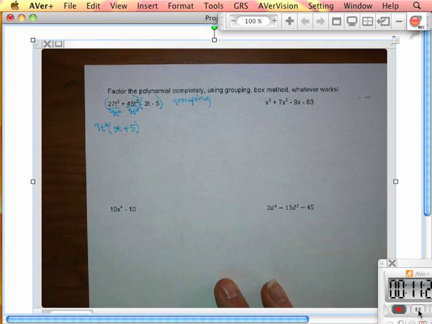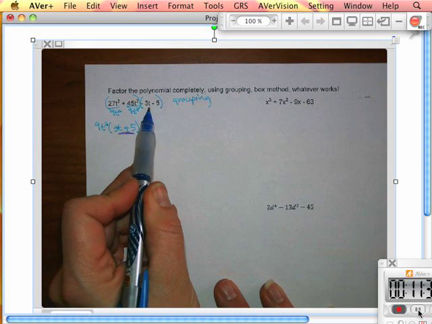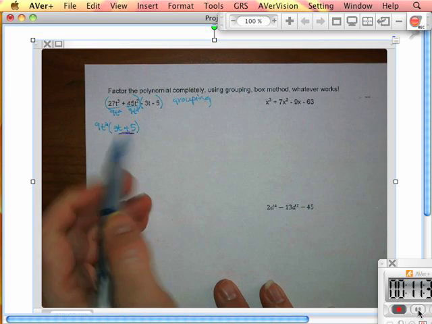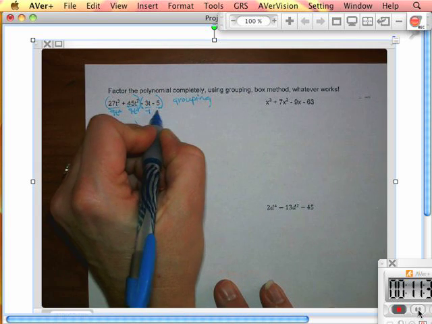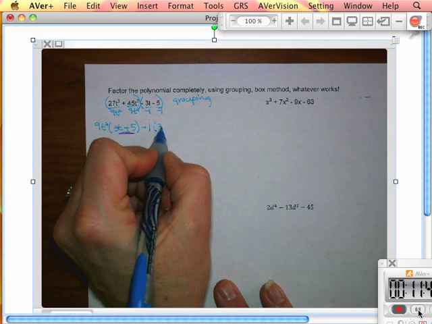Now, what you get here tells you what you have to have left in here. Right now I have a negative 3t minus 5. I need it to be 3t plus 5, so I've got to divide out a negative 1. So that's going to be coming right there, minus 1, and then I'm left with 3t plus 5.